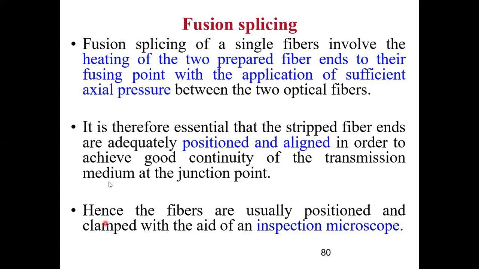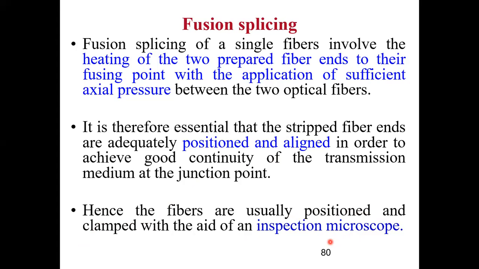Hence the fibers are usually positioned and clamped with the aid of an inspection microscope. See, the fiber is very thin. If I try to judge with our eyes whether the fiber is aligned or not, it is totally dependent on the human being.